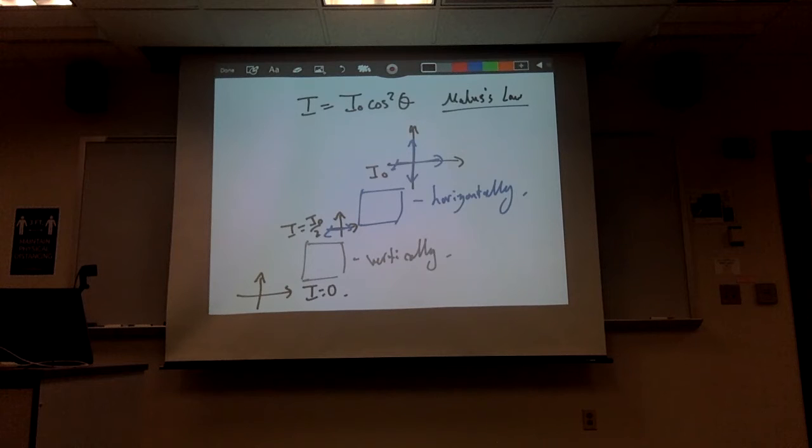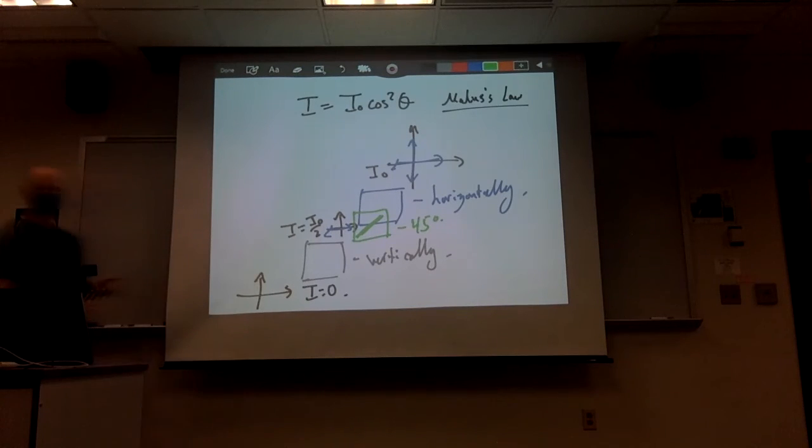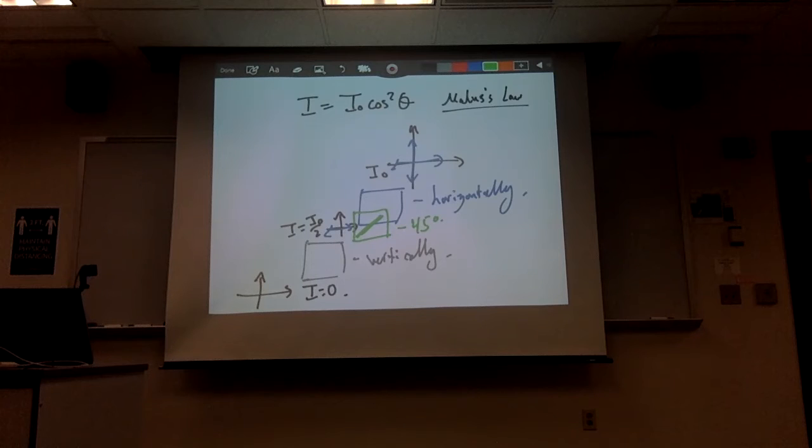Now, what happens though if I put in another polarizer here, which is polarized at a 45-degree angle? And in this case, I'm going to let anything which is along this axis here pass through. How much intensity am I going to get in this case? Am I still going to get zero? No, I don't.